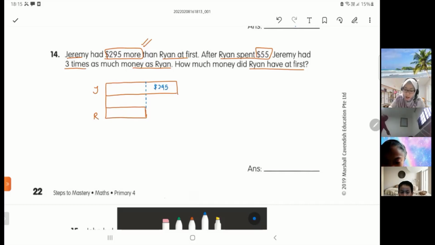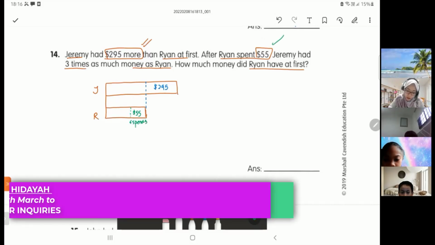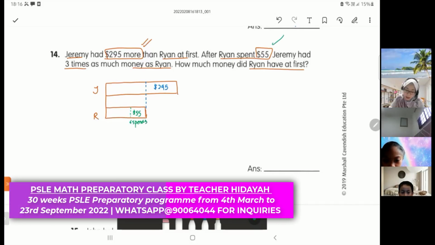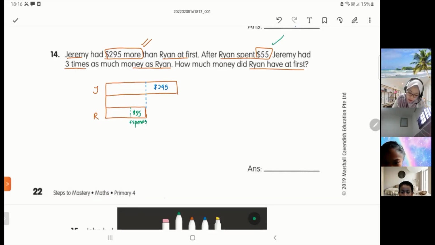Then after Ryan spent $55, which means he spent some of his money here, let's say this part here is $55. This is what he spent. After he spent $55, Jeremy had 3 times as much as Ryan. So this is my Ryan, 1 unit. This is my 1 unit.